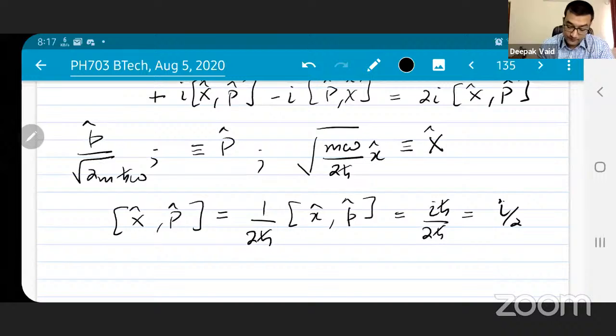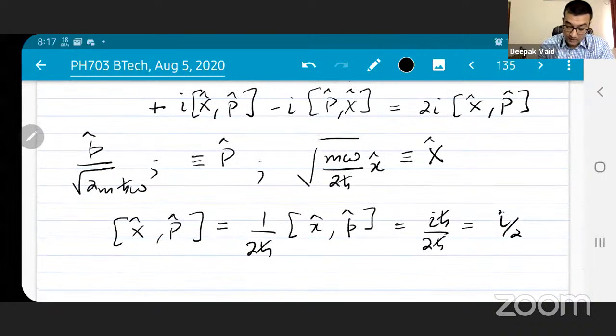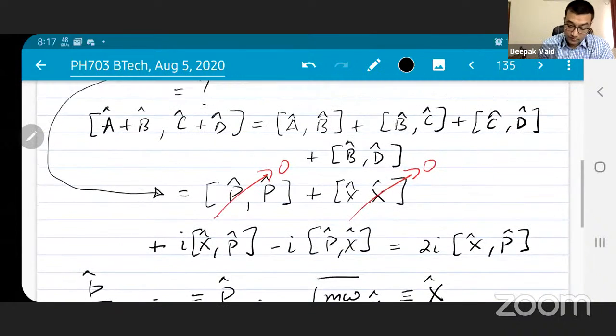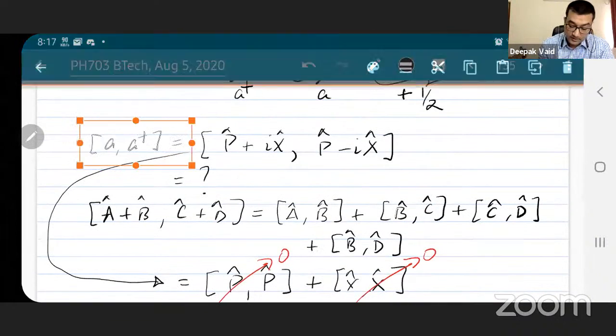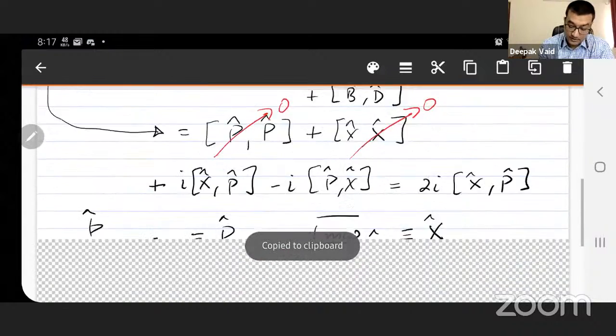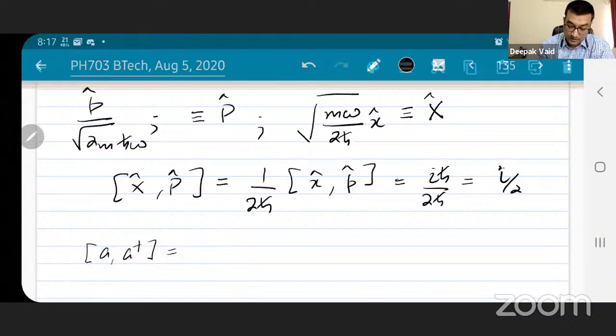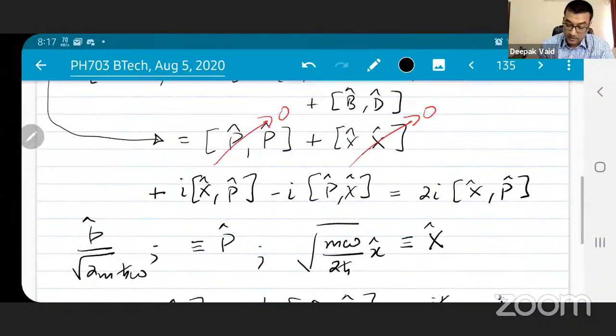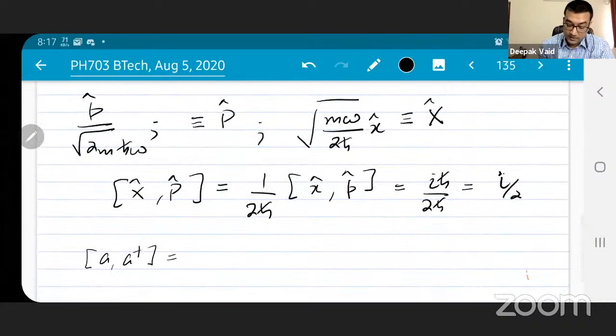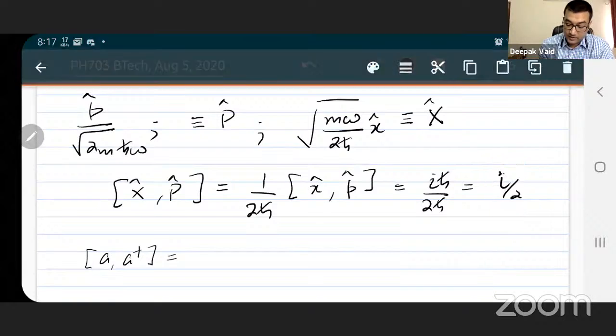So what is this commutator of a and a dagger again? It is 2i times the commutator of x and p, and the commutator of x and p is i by 2.